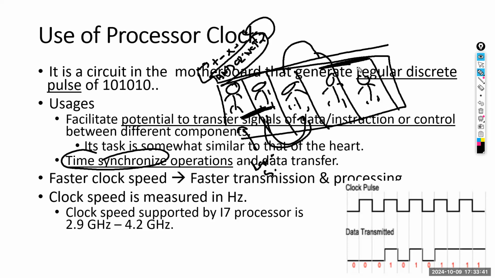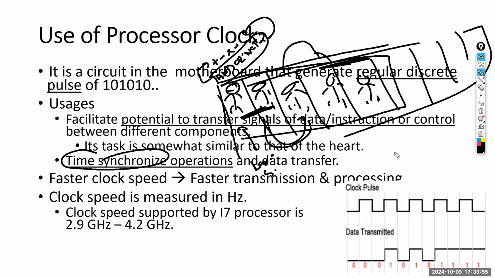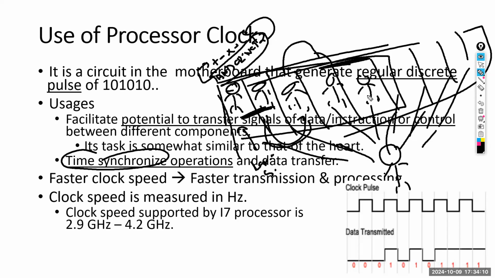In this case, it's not an orchestra, it's kids doing arithmetic and logic operations, but they must do it in a synchronized manner, not their own time. Remember, in an orchestra, we have someone who controls the orchestra, someone with a stick or something. They are all looking at this person and play their musical instrument according to the time. So that is why it's time synchronized.